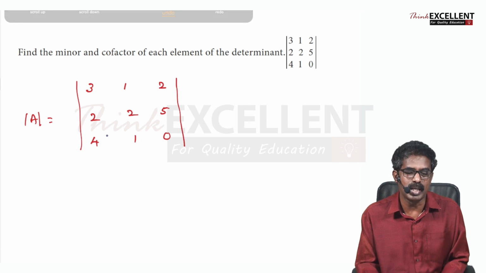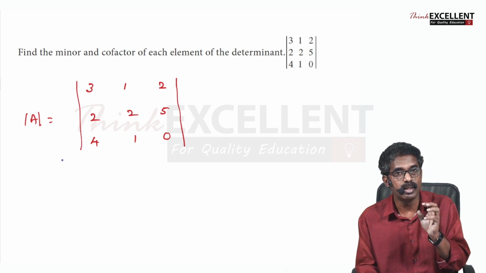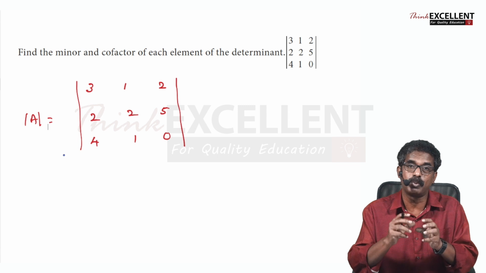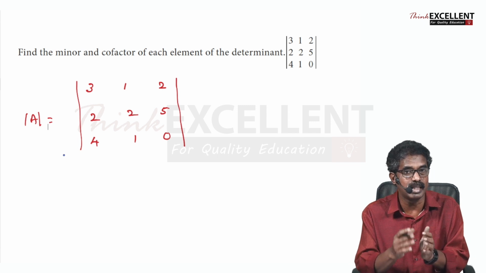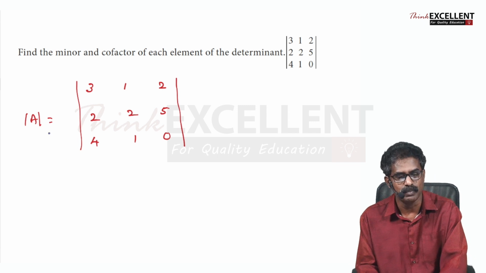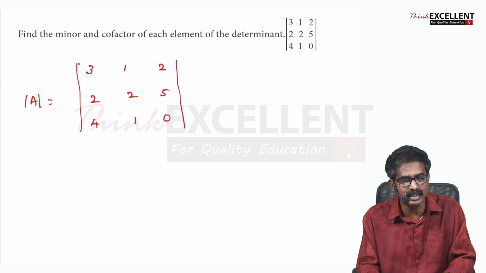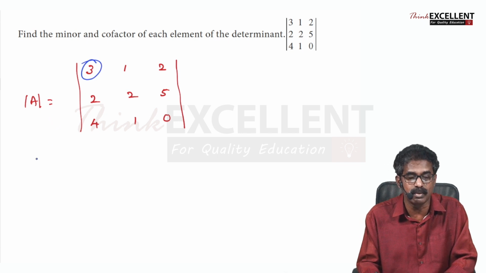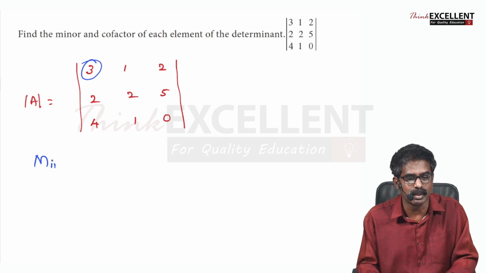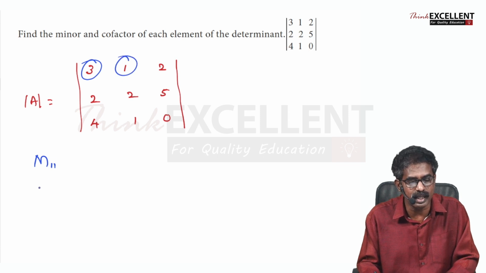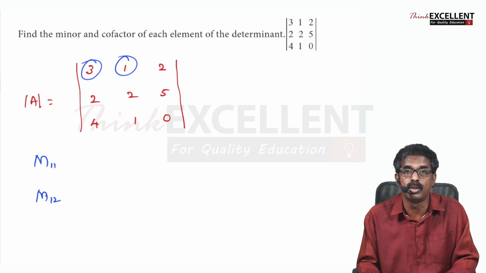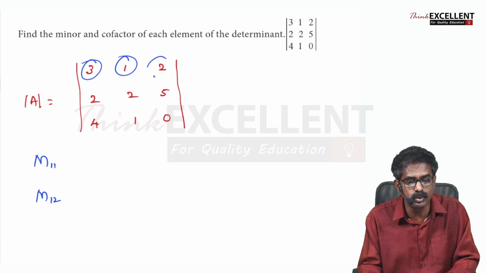So what we do normally, we write the positions: the first position is A11, the second one is A12, like that. So the minor of the first element, the minor of this 3, we write M11. For the next, this 1, we write M12. Then for this 2, M13.